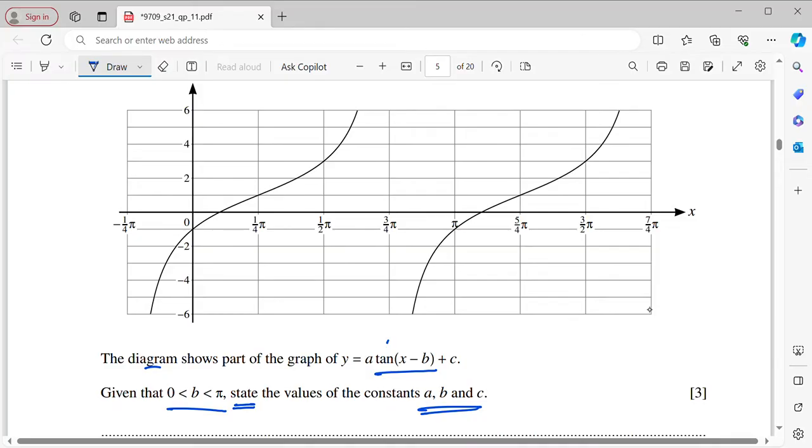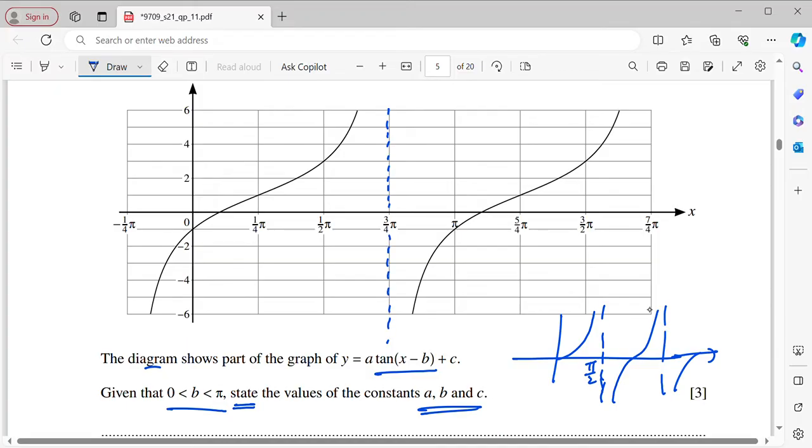Now to get the constants a, b, c, I will refer to my original graph first. Okay, my original graph, if you refer to the tangent graph, here is pi over 2. The graph will not touch pi over 2. So obviously, from the given graph, instead of pi over 2, it has been changed to 3 over 4 pi.